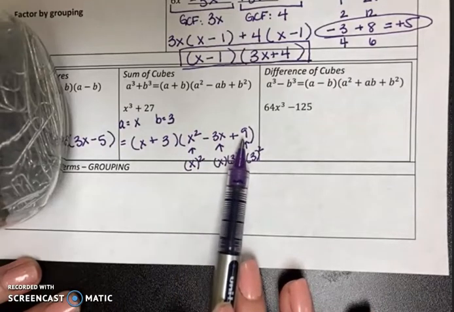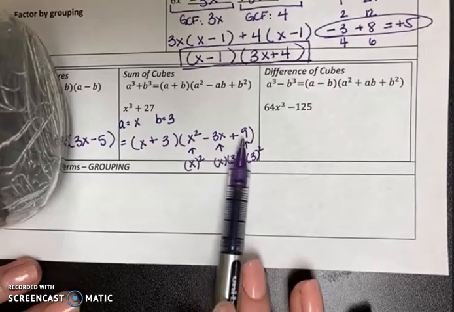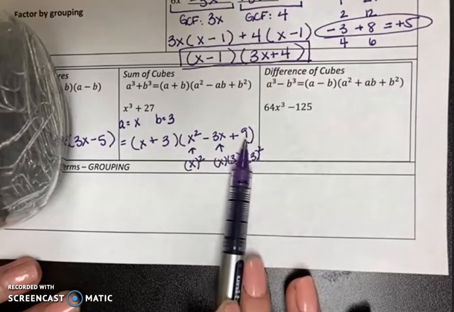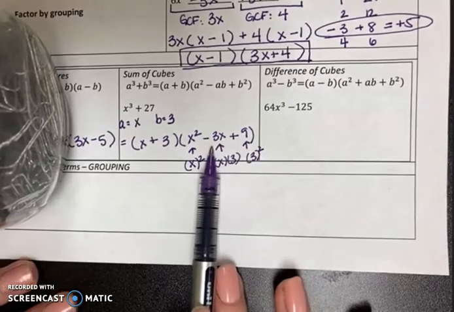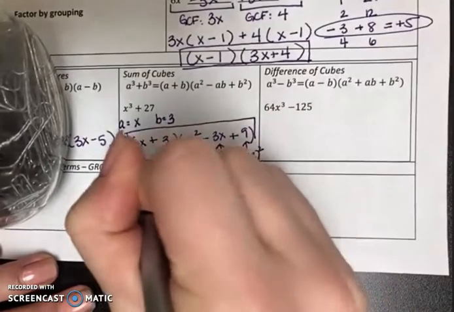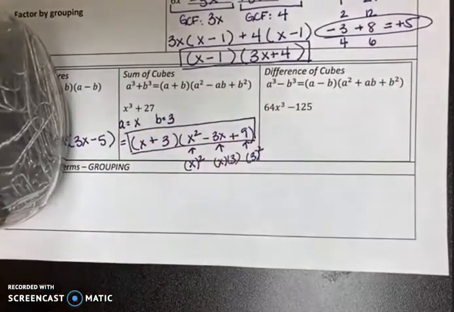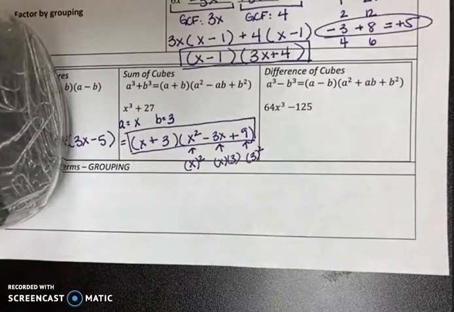So I just need to see, do any factors of 9 add to give me -3? The factors of 9 are 1 and 9, 3 and 3. And there is no way that can add to give me -3. So this is not factorable, meaning that we have found our final solution. Had this been factorable, I would have had to continue further.